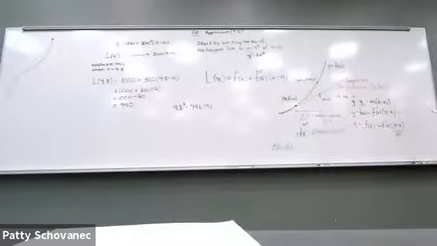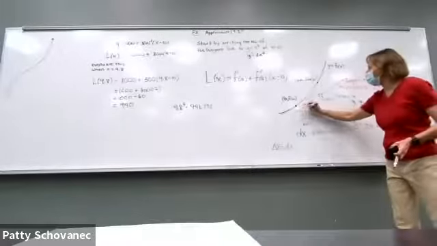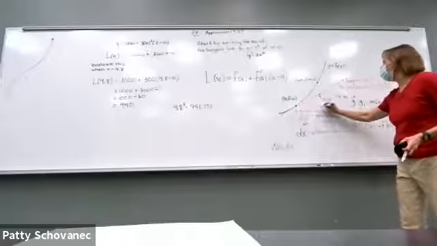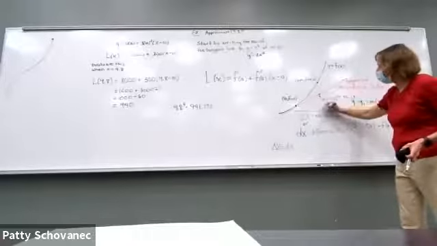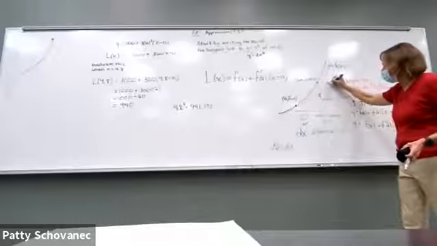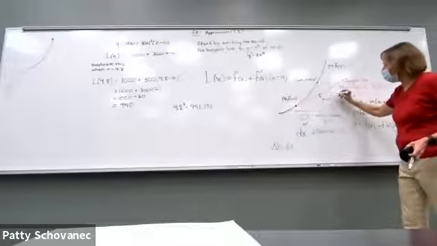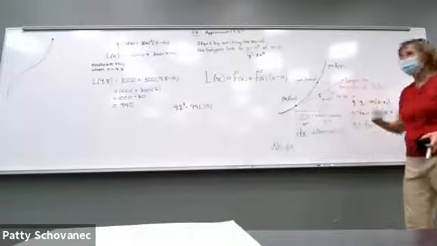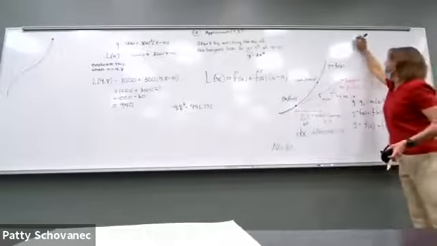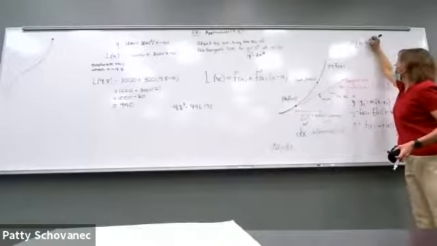The exact change in y in this picture is this y value to that y value. So from here to here is the exact change in y, delta y. So delta y is the exact change in y.